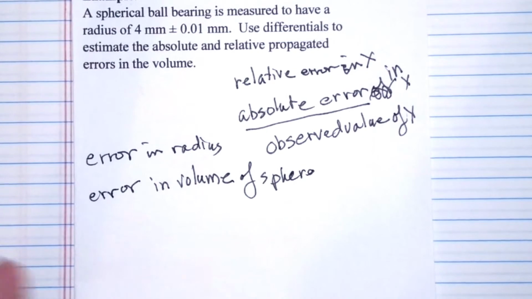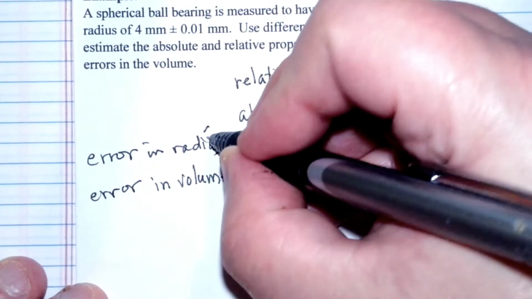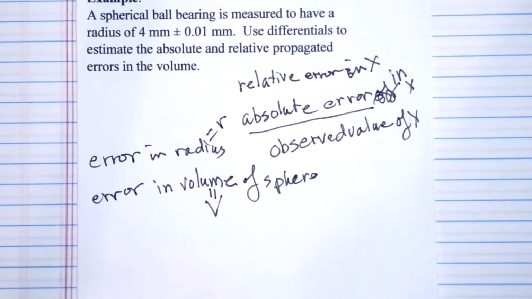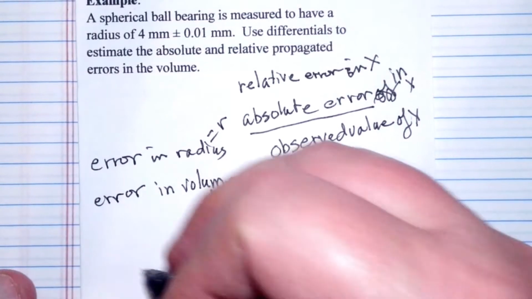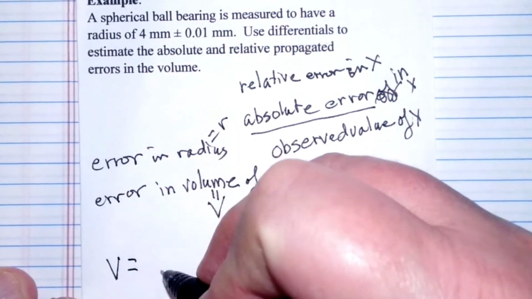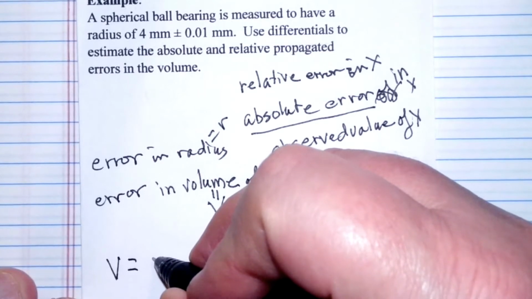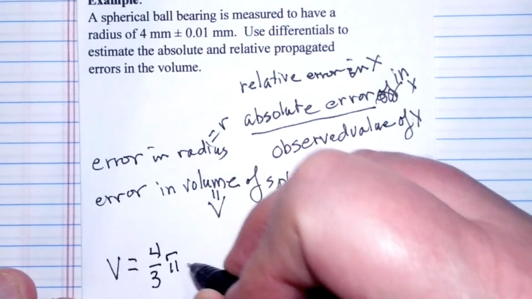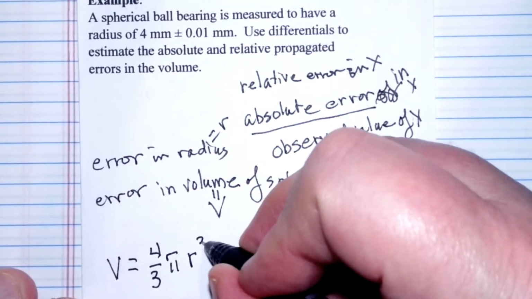So let's call the radius r, and the volume v. We need an equation that relates the radius of a sphere and the volume of a sphere. Well, if I'm not mistaken, for a sphere, v equals 4/3 pi r cubed.